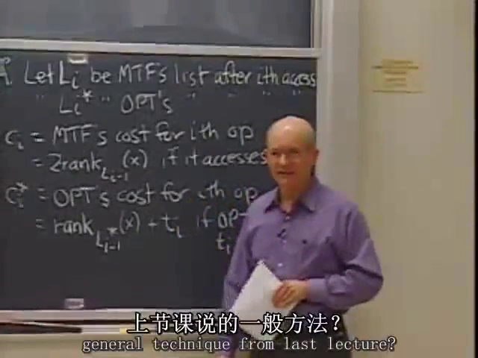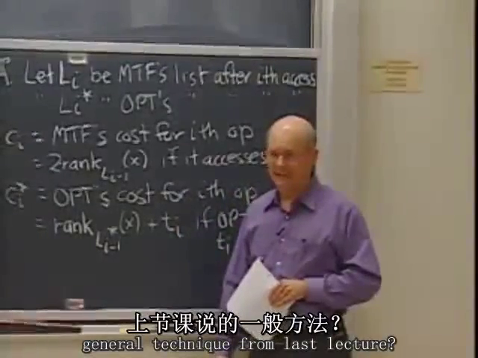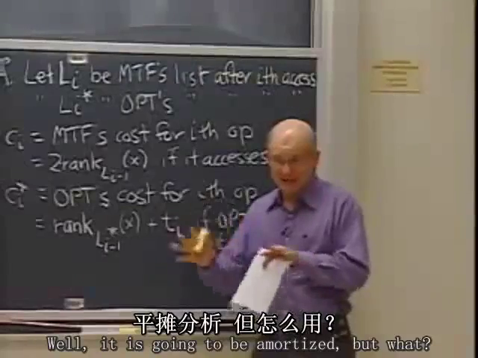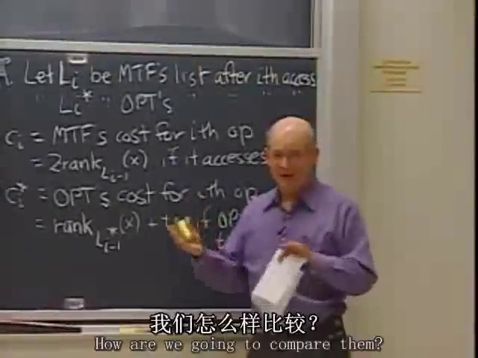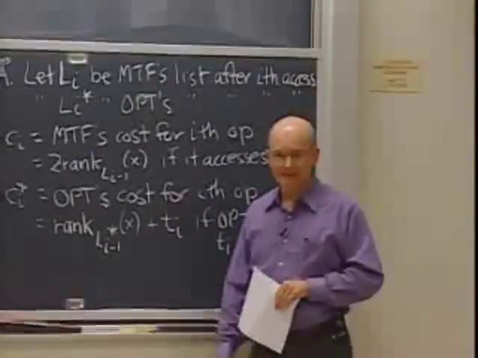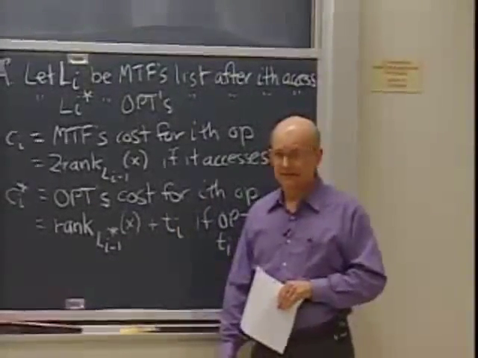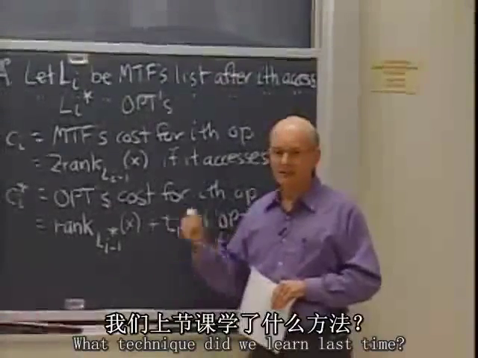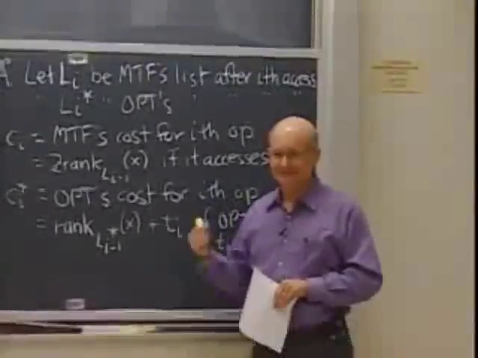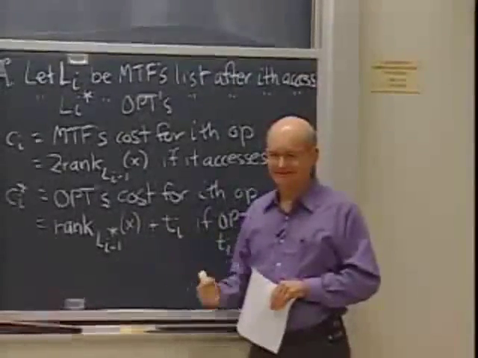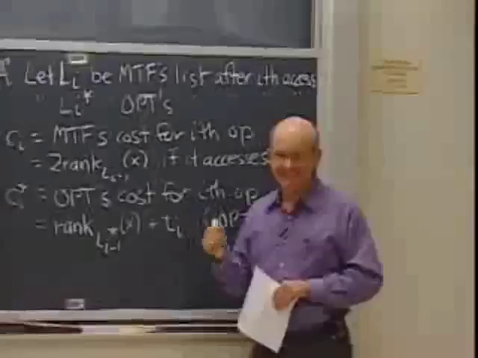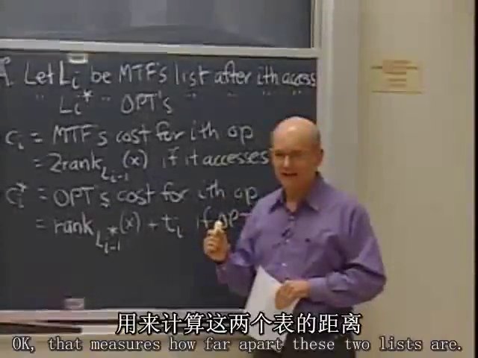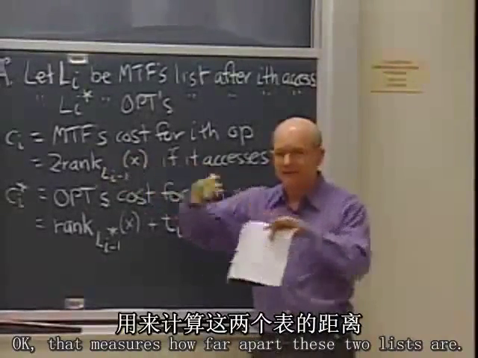General technique from last lecture. Well, it is going to be amortized, but what? How are we going to compare them? What technique did we learn last time for potential function? Good. Okay, we're going to define a potential function that measures how far apart these 2 lists are.